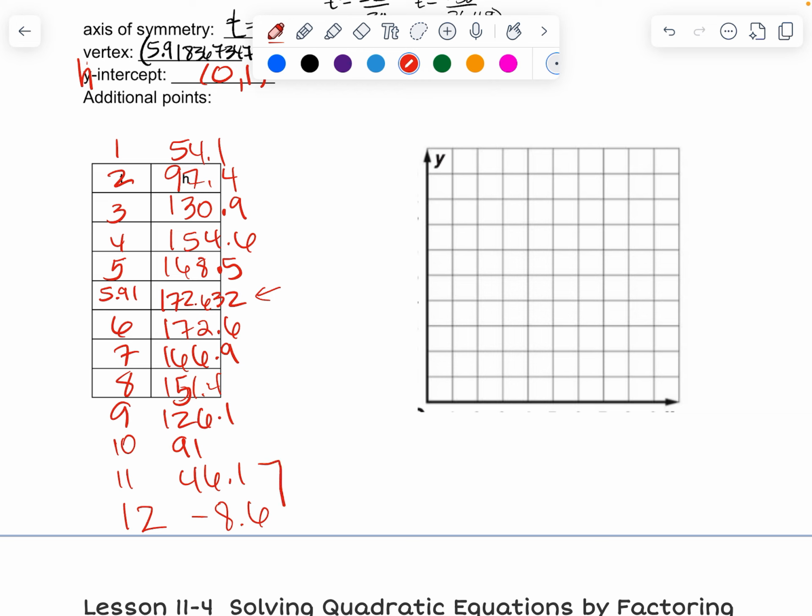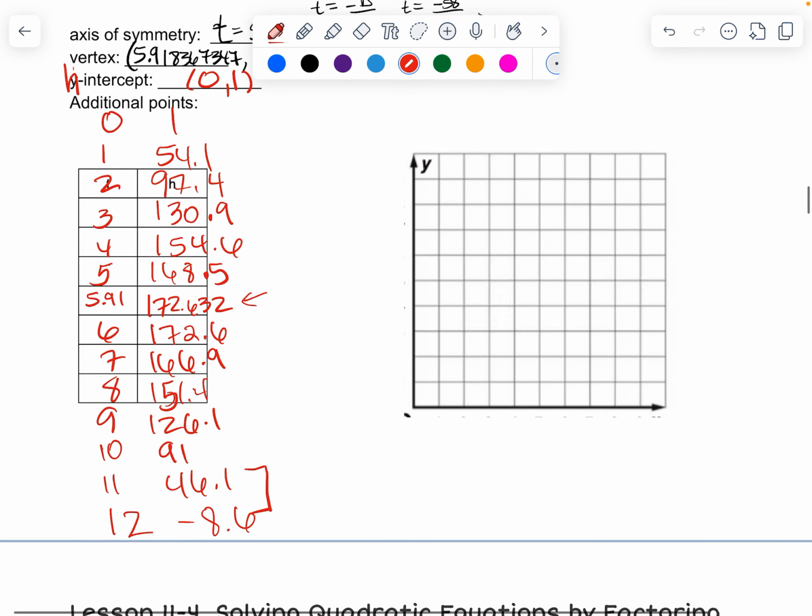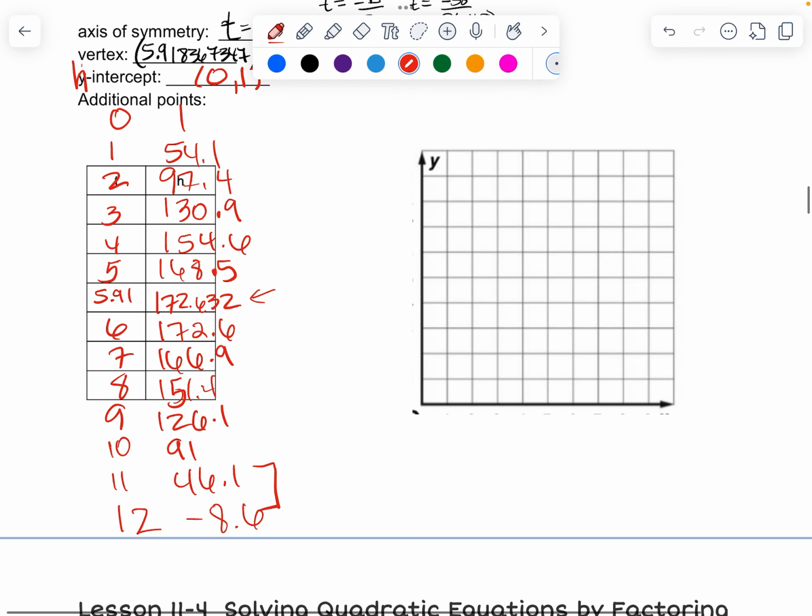So somewhere in between here, it's going to, and we have 0, 1. Okay, so the highest was 172.632. So we have 1, 2, 3, 4, 5, 6, 7, 8, 9, 10.